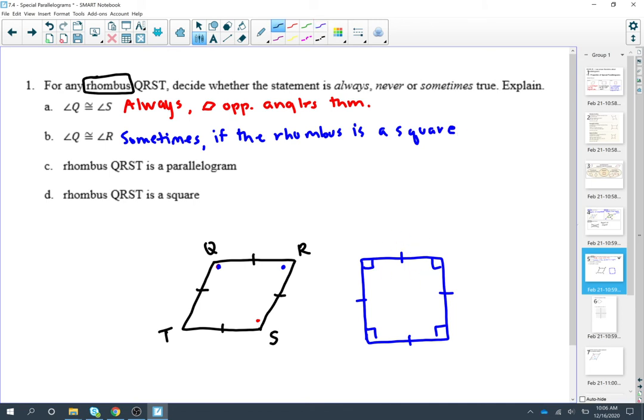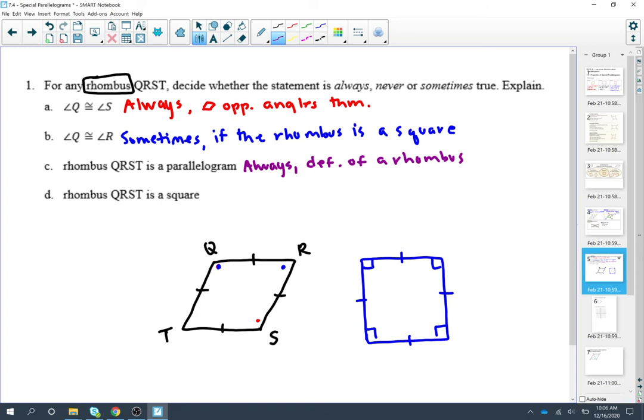Letter C. Rhombus QRST is a parallelogram. Always. It's the definition of a rhombus. Remember, the definition of a rhombus starts with a parallelogram with 4 congruent sides. It's always a parallelogram. It's the definition.